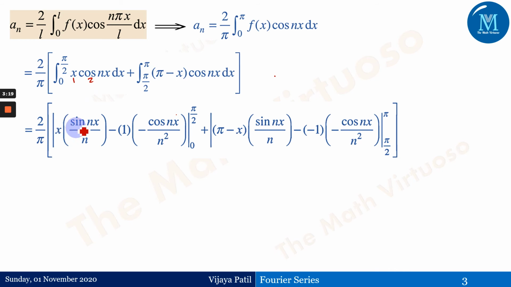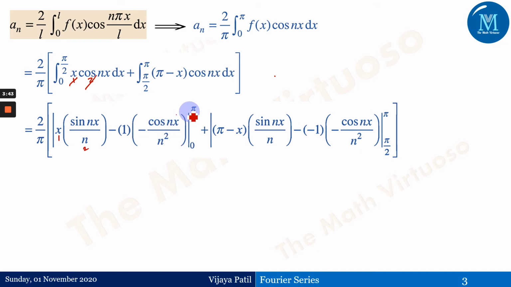Then the first function as it is, into the integration of the second, that is cos of nx, whose integration gives sine of nx upon n, minus the differentiation of the first function, which is 1, into the integration of the second, sine of nx upon n, which gives minus cos of nx upon n square, from 0 to pi by 2.